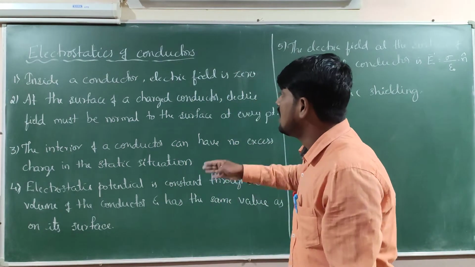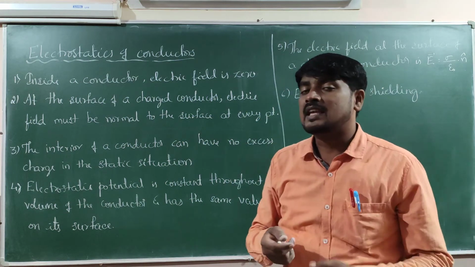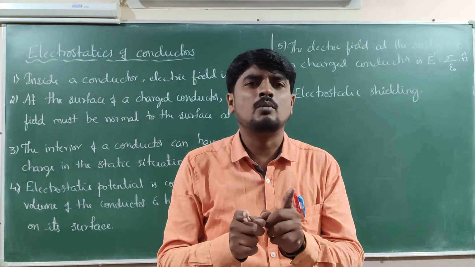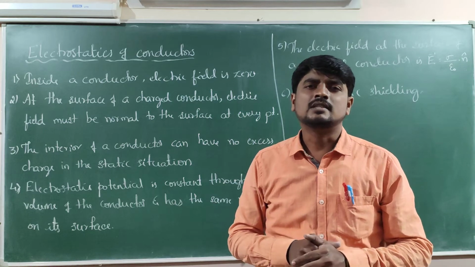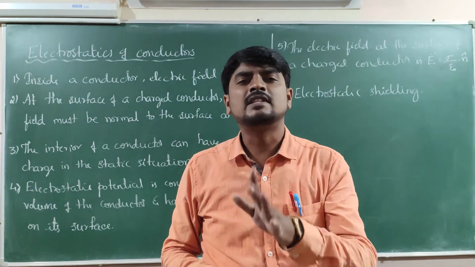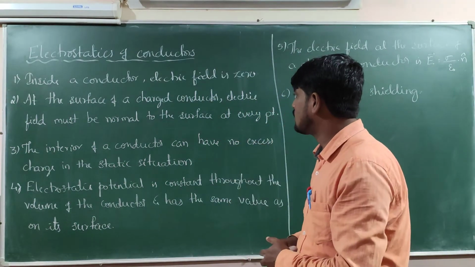In the same way, if on the surface of a charged conductor the electric field is not normal, then we have to resolve the component, parallel as well as perpendicular to the surface. The one which is perpendicular will not affect anything, but the one which is parallel, definitely it will affect the surface. As a result, the electrons will move.